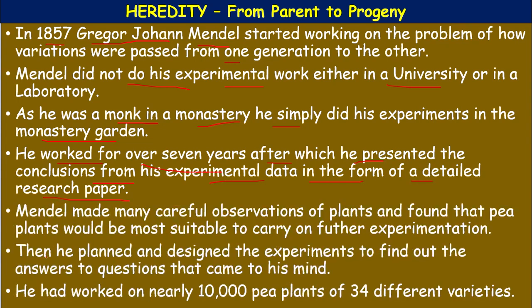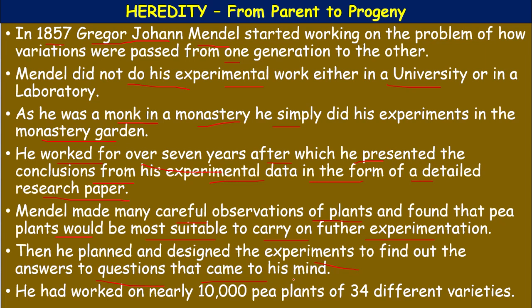Then he planned. Mendel made many careful observations of plants and found that the pea plants would be the most suitable to carry on further experimentation. Then he planned and designed the experiments to find out answers to the questions that came to his mind.